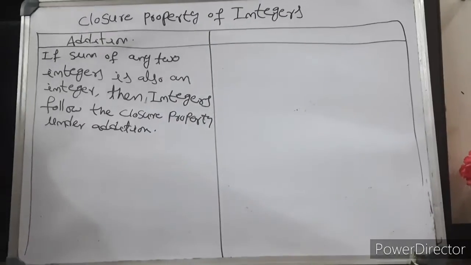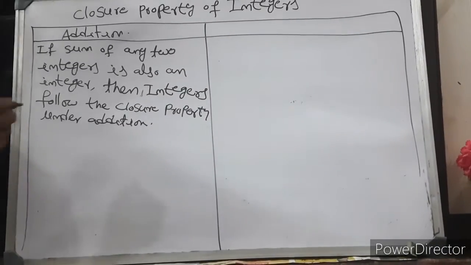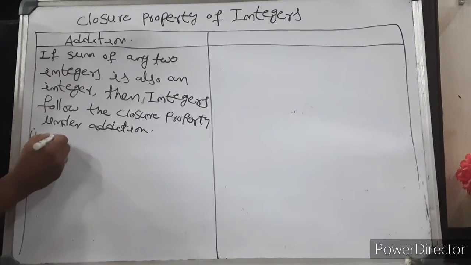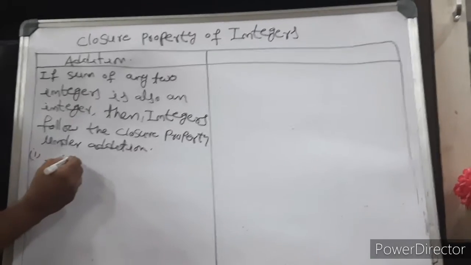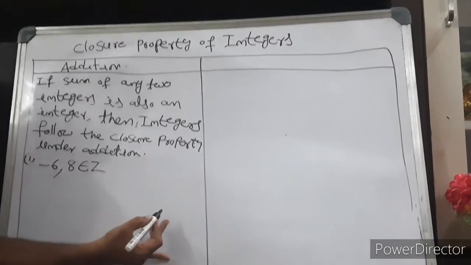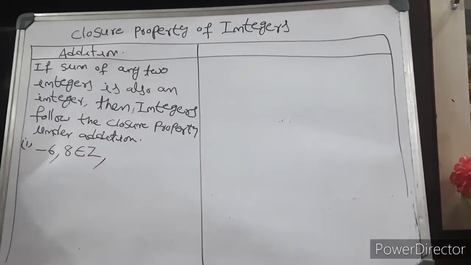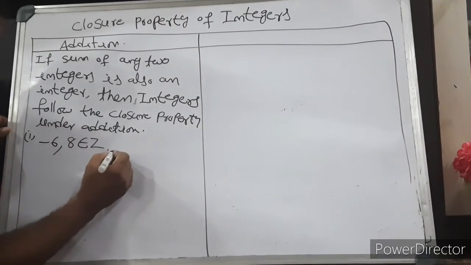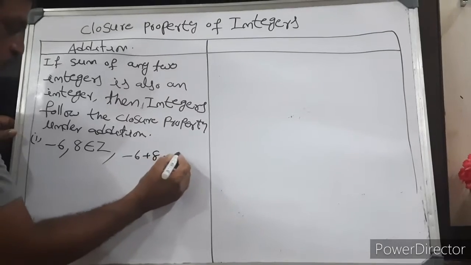Suppose, with examples, you take some integers, that is -6 and 8 belong to Z. These are the two integers. What is their sum? Their sum, -6 plus 8, is equal to 2.